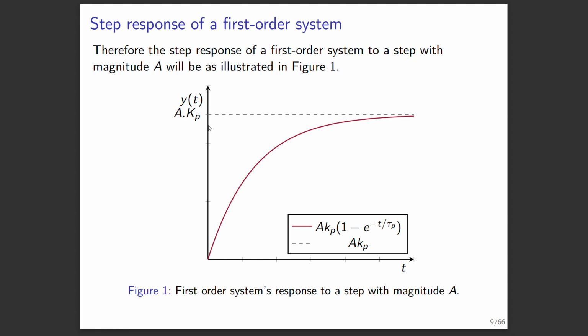If that gain is 2, your response to an input with magnitude of capital A would be 2 times A. If you wait long enough, the output would end up being 2 times A. That's why it's gain. If it's half, your output is going to be half of the input if you wait long enough.